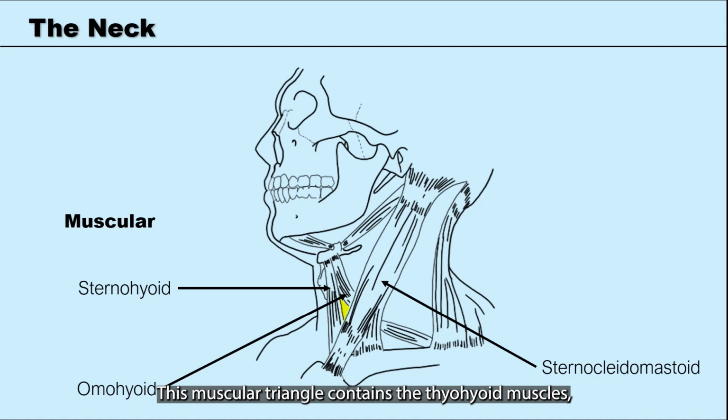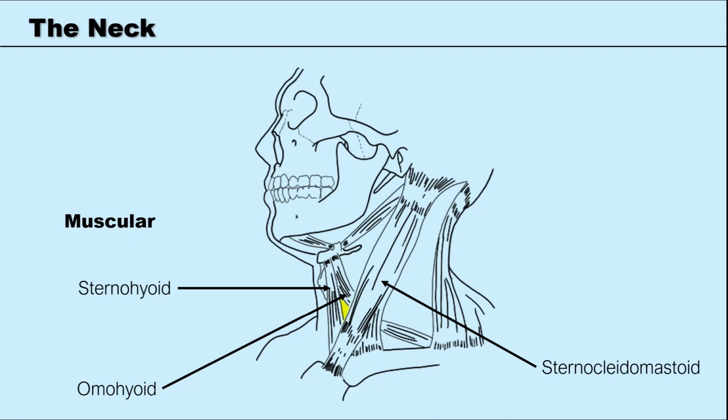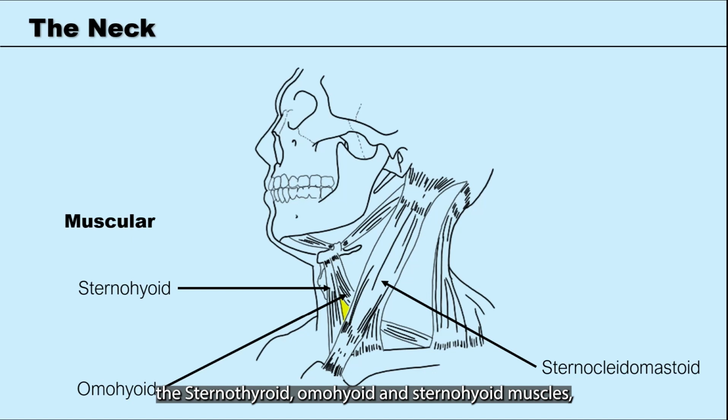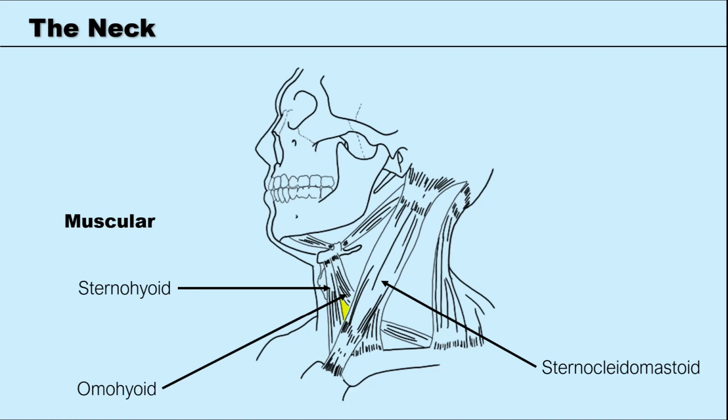This muscular triangle contains the thyrohyoid, sternothyroid, omohyoid, and sternohyoid muscles, which are very important for controlling the larynx when swallowing. This concludes the main regions of the anterior triangle of the neck.